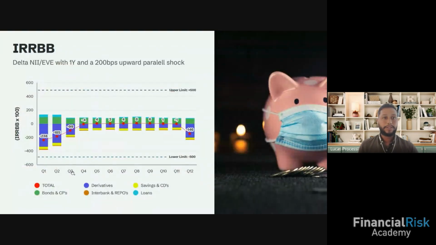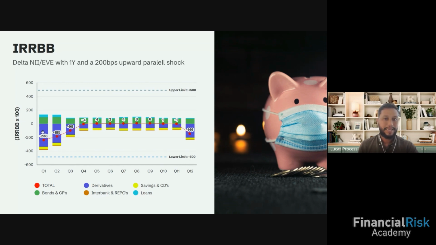All right. So this is the breakdown of the interest rate in the banking book, right? So we are using here the upward parallel shock scenario, with our delta NII and delta EVE. So we have an upper limit here of, this is multiplied by 100 in order to help the visualization, so we have an upper limit of plus 500 and a lower limit of minus 500.